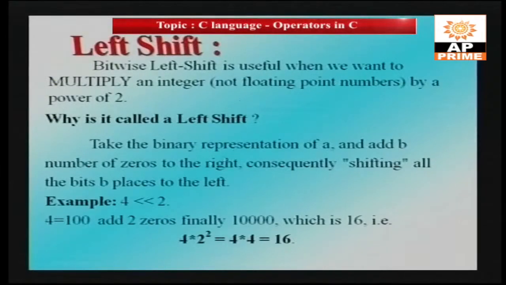What is the left shift operator? See that, 4 left shift 2. Suppose I have 4, whose binary number is 100. Left shift of 2 means 2 zeros are added to the first number. So 4 is 100, and 2 means adding 2 zeros. What is the final answer? 2 power 0, 2 power 1, 2 square, 2 cube, 2 power 4.